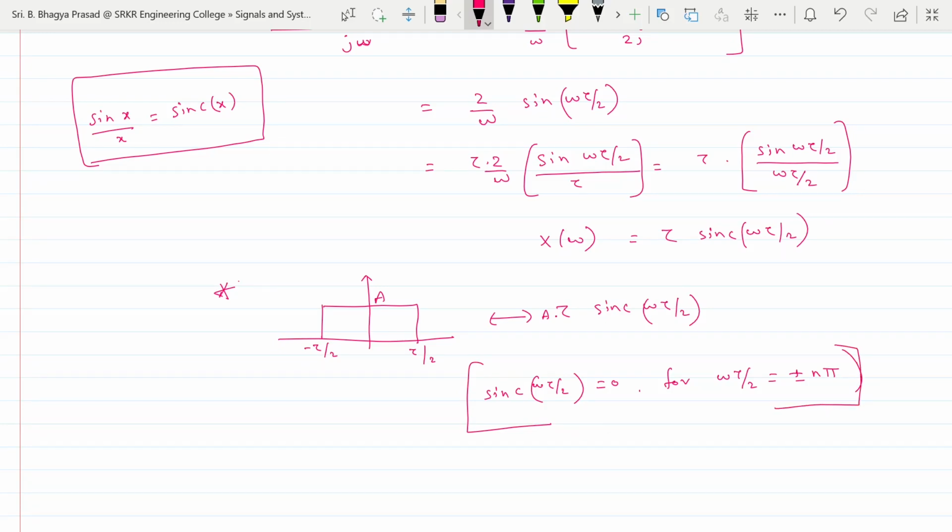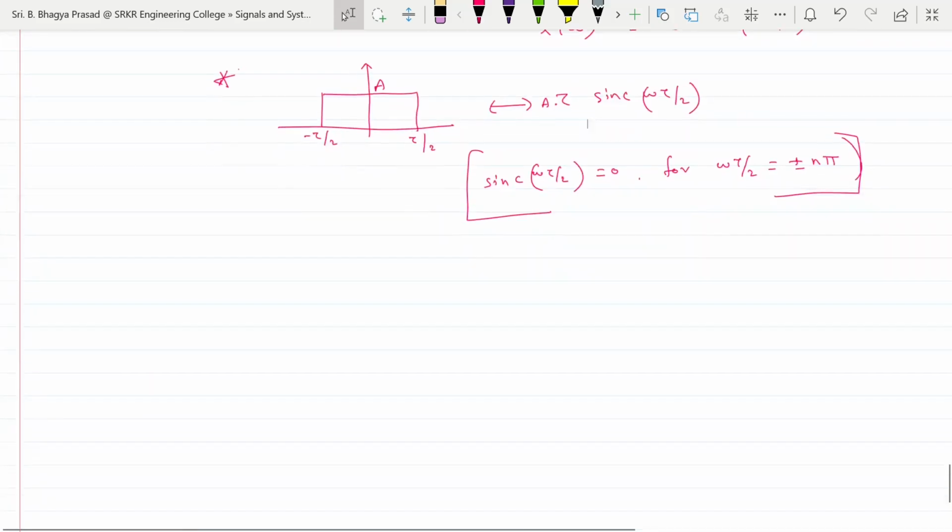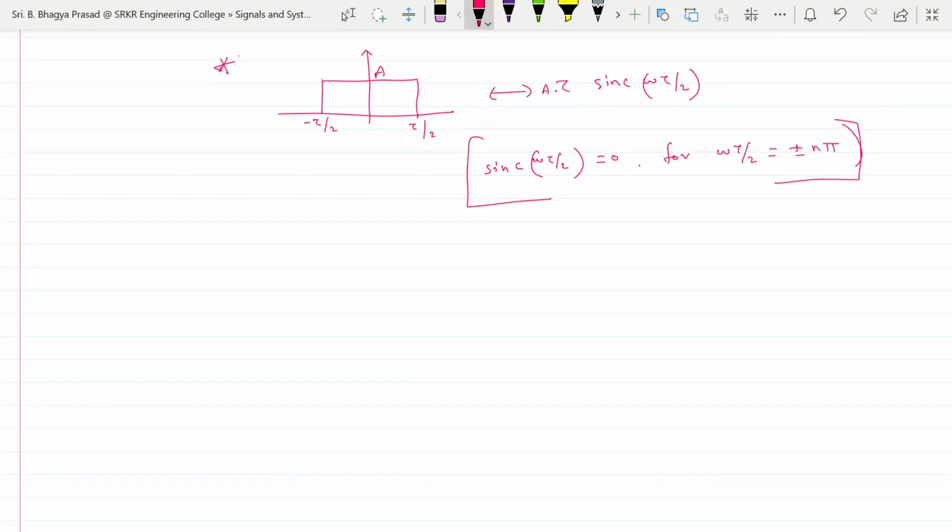Okay. So this is one method, a general or traditional approach, to find the Fourier transform of a rectangular pulse. There is another approach where you can use properties to find the Fourier transform of this rectangular pulse.